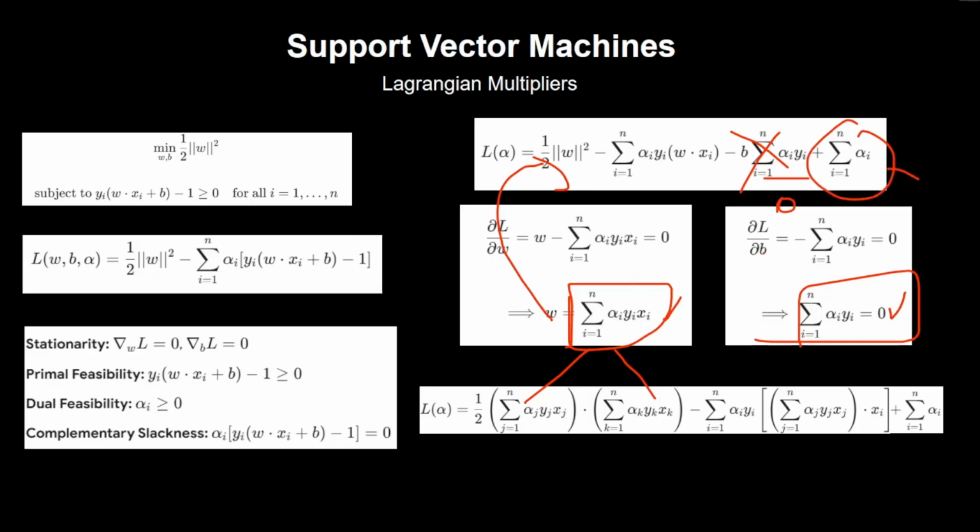And this last term, we have it here. So here we can substitute the w. w is nothing but this one, so we have it here directly. And we have the rest of the terms here, same as here.